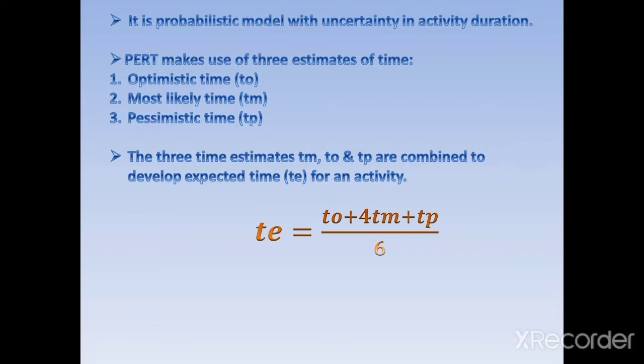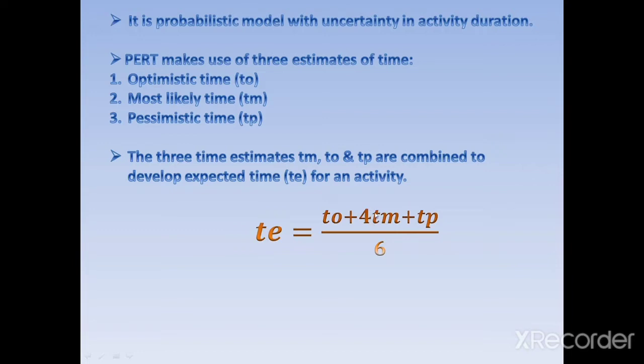And the pessimistic time: if everything goes wrong, if we are unable to obtain or generate the resources, or anything goes wrong during the completion of the activity, then how much time will it take? That we consider the pessimistic time. That's why in the formula we give a weightage of four to the most likely time.